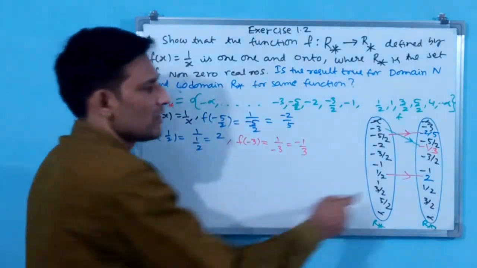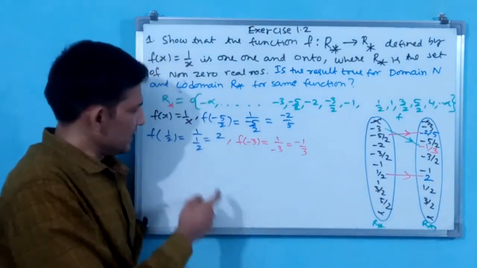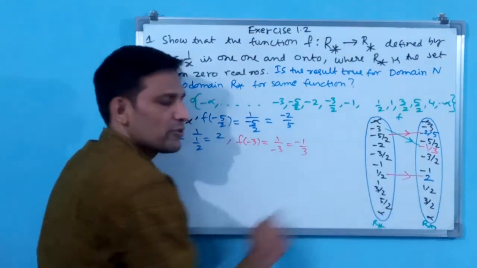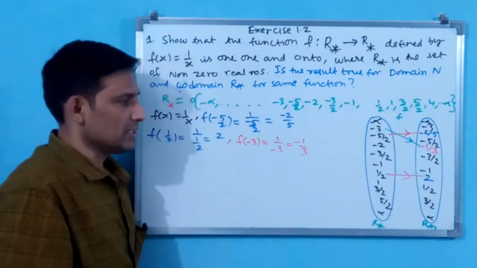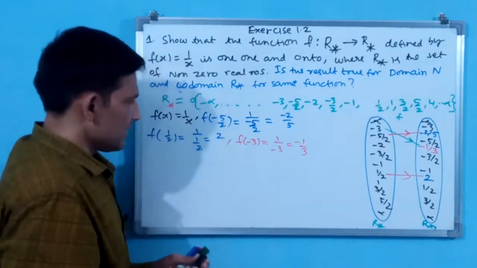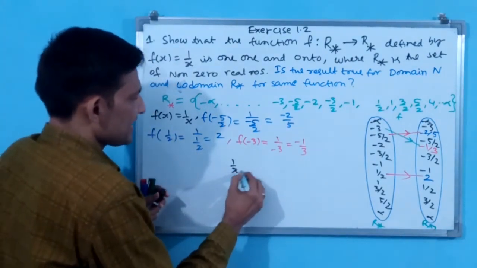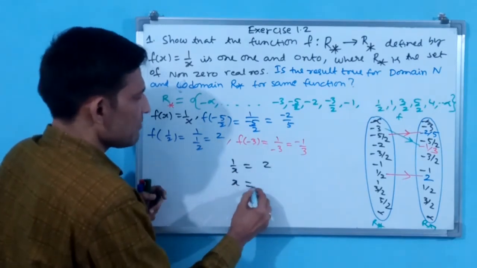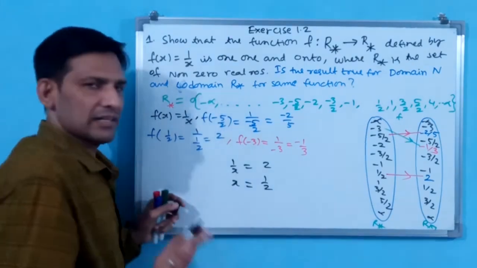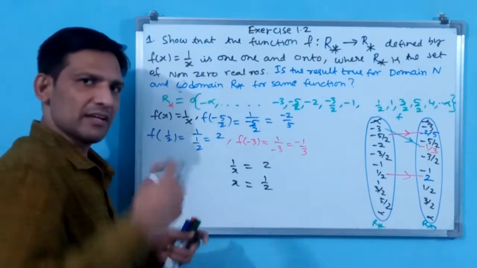What have you observed? For 2, is there any other input you have to give, for coming to 2 in the range? You see, for coming in the range, 1/x is equal to 2 means x will be 1/2. That's all. There is no plus or minus or another one.